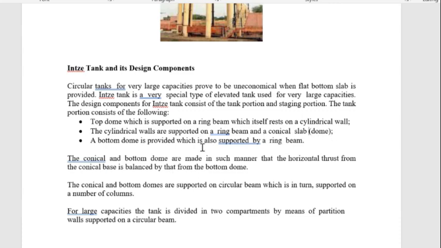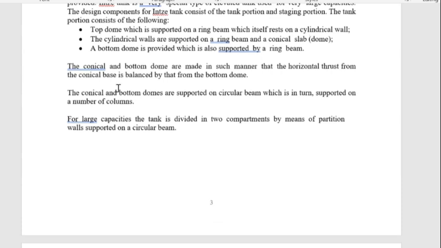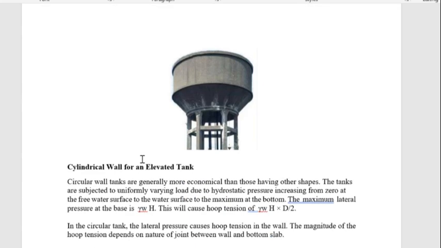At the bottom a dome is provided, which is also supported by a ring beam, as shown there. The conical and bottom domes are made in such a manner that the horizontal thrust from the conical base is balanced by that from the bottom dome. The conical and bottom domes are supported on circular beams, which are in turn supported on a number of columns. For very large capacities, the tank may be divided into two compartments by means of partition walls, supported again on circular beams.